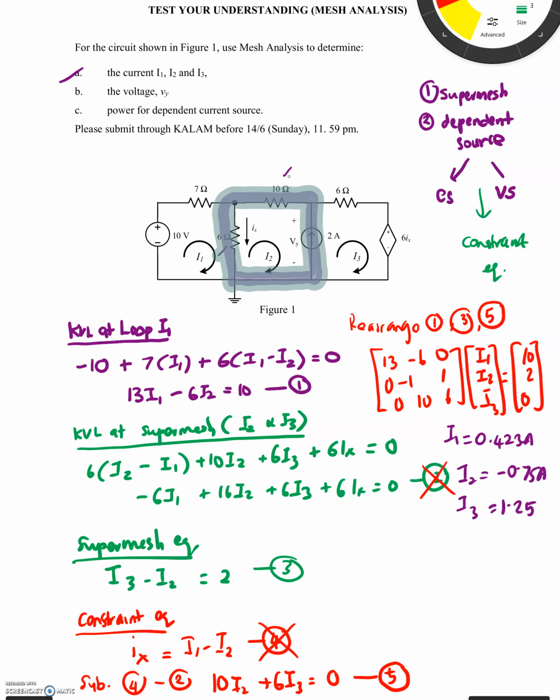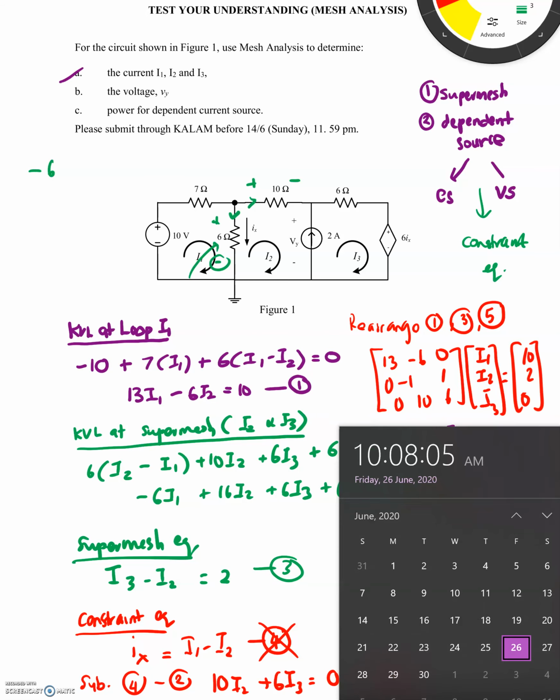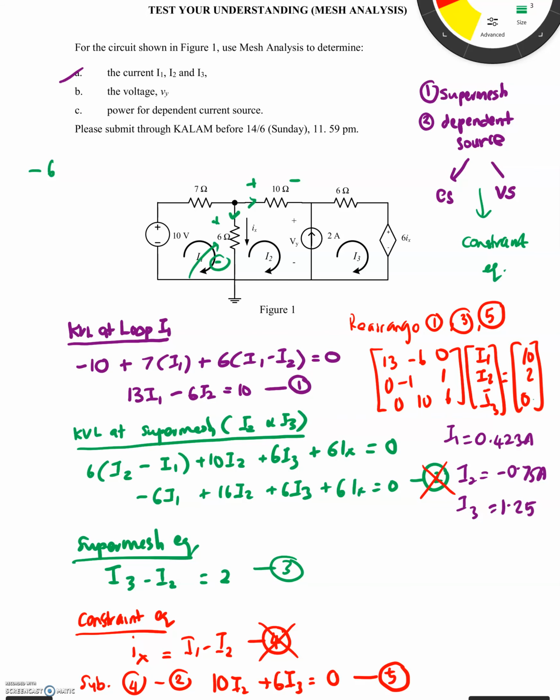Now, you must remember, in order to do the KVL, first you have to decide the flow of current. So I decide that the current is flowing like this, and for this branch it looks like this, and then you must decide the polarities of the voltage for each element, and then the KVL. For the Vy, the KVL will be minus 6 times, what is the I that flows through the 6 ohm?